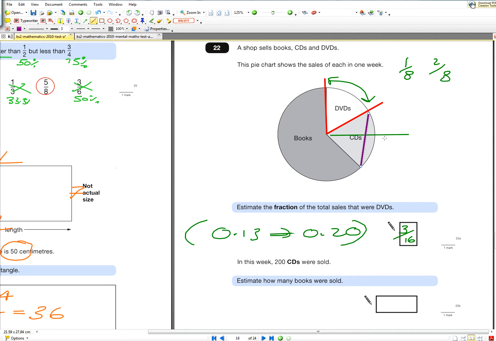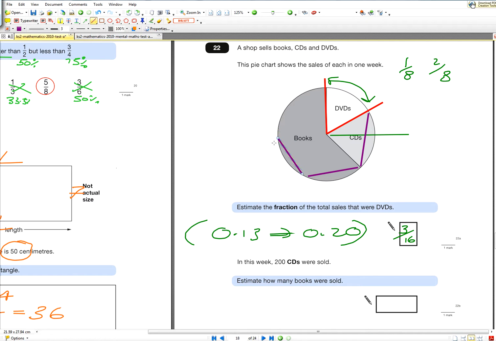So CDs, that's worth 200, isn't it? Let me see how many more I can make of that size. Is there another one here? Yeah, and then another one here. That's slightly big there, let's bring that down a bit.